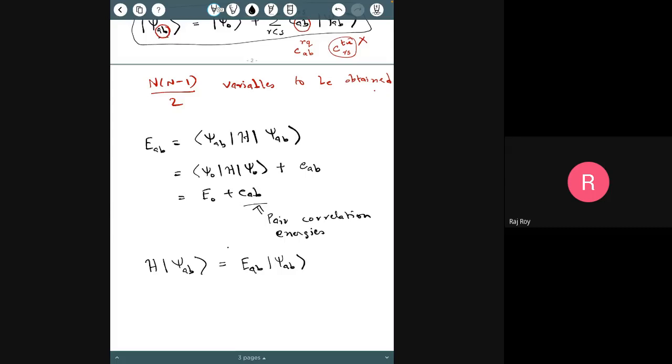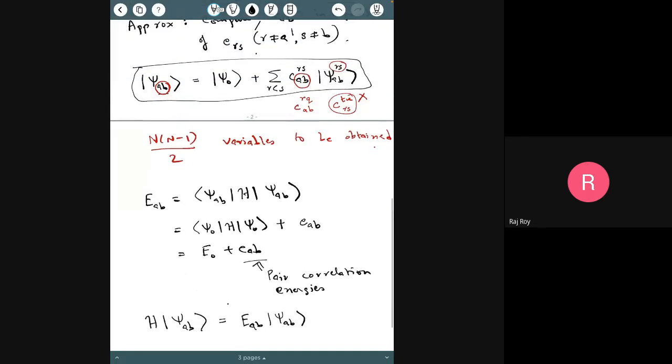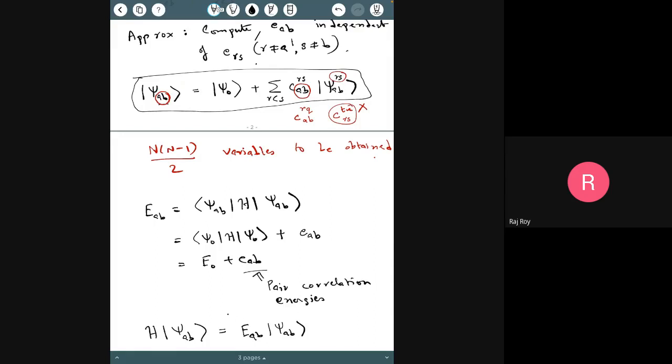Okay. So in CI, you have these doubly excited determinants, and when you generate matrix elements between the correlated wave functions, you generate terms where you have two excited determinants.